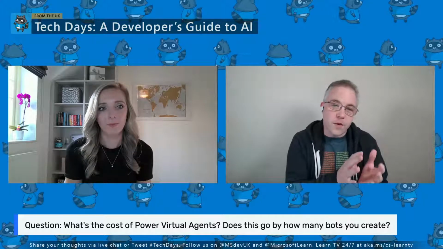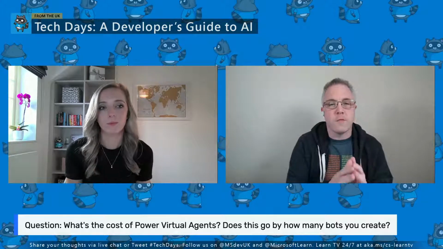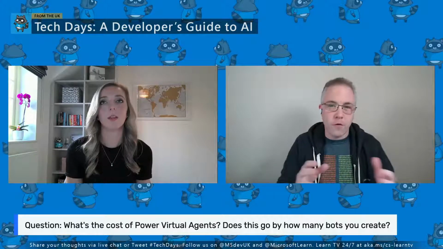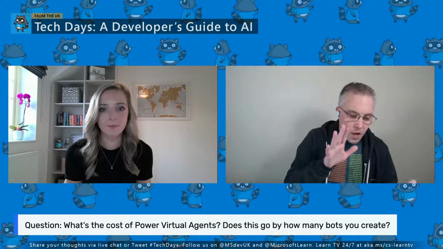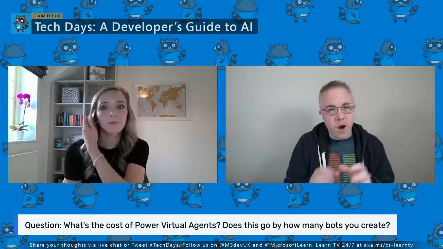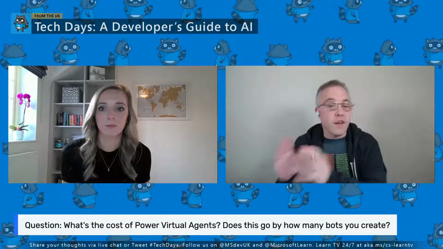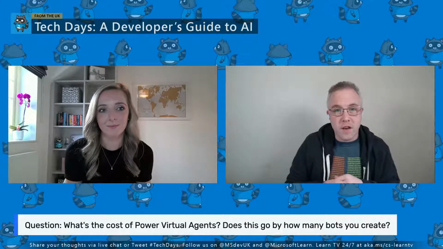PVA, Power Virtual Agents, is aimed primarily at business users and citizen developers. It's a no-code environment. It's really super simple to get up and running, and it's got awesome integrations with the rest of the Power Platform, Power Automate, and Flow, etc. Composer is primarily aimed at the developer audience, so multidisciplinary teams, yes, but primarily developers.